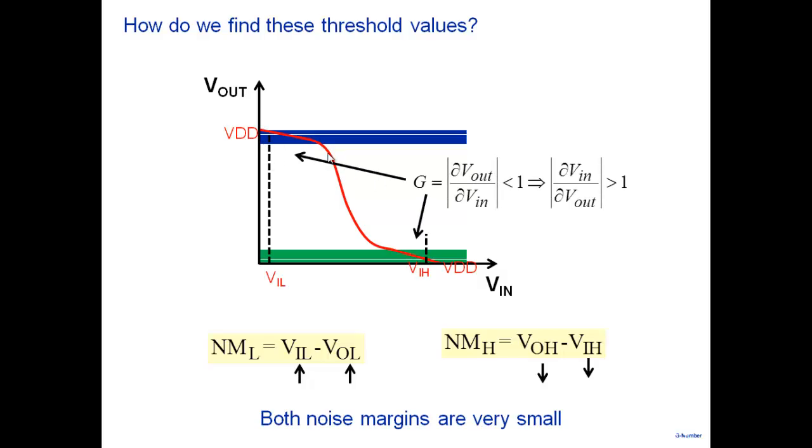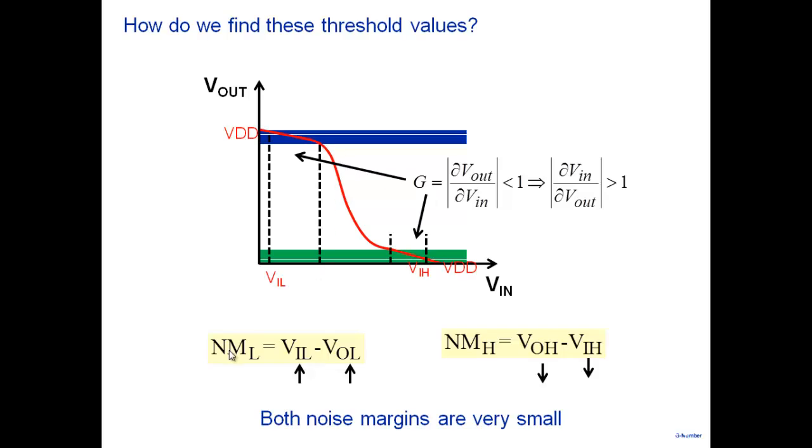Because note that these regions are, let's say, gain less than 1. Del V out by del V in is less than 1. Which means del V in by del V out is greater than 1. So what happens is, you increase this by 0.1, but the change in VIL is much larger. Why? Because you are in a region where del V in by del V out is greater than 1. So VIL goes here.